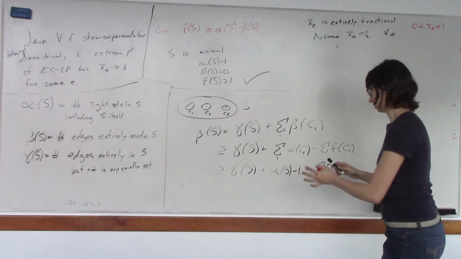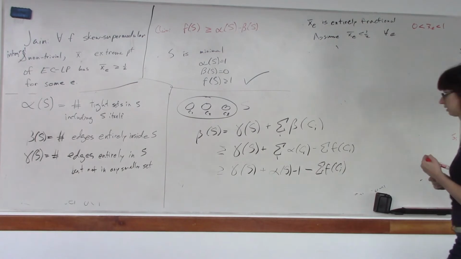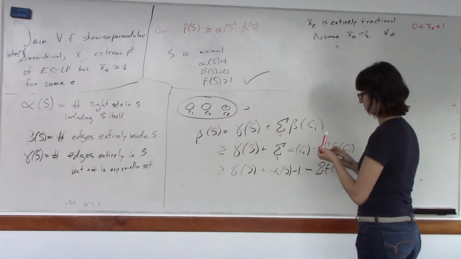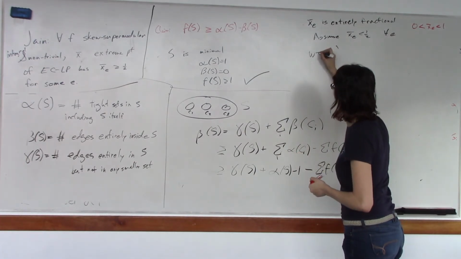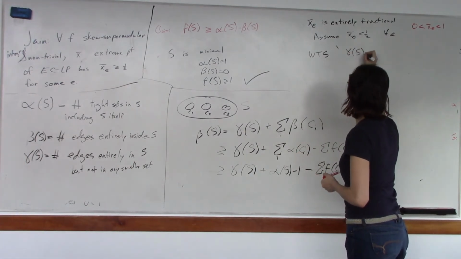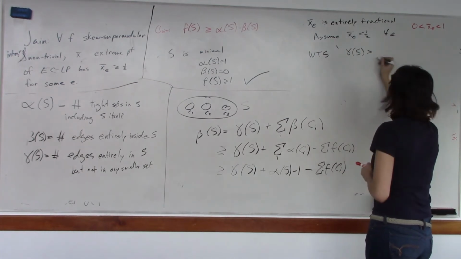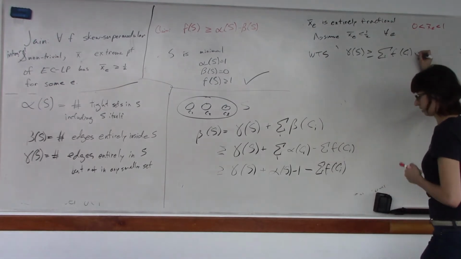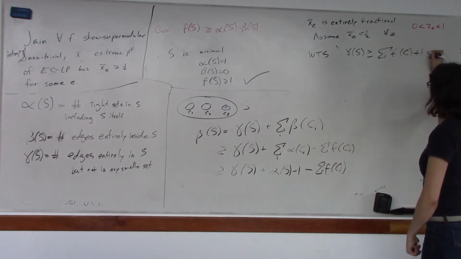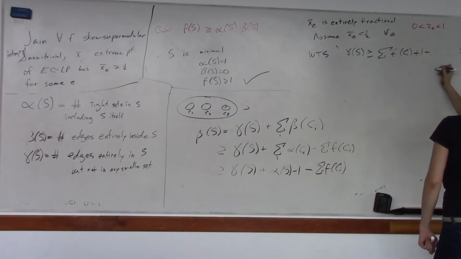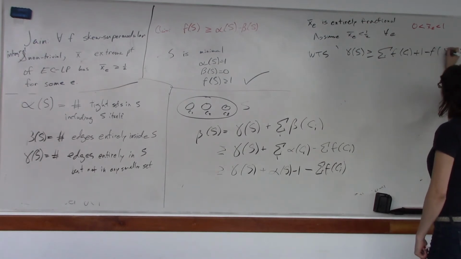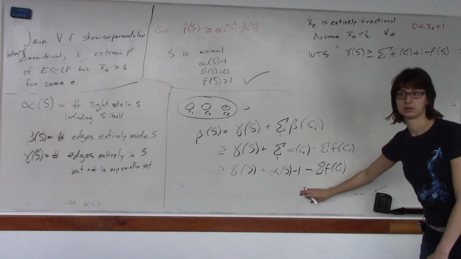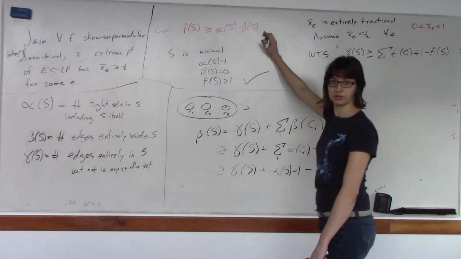All right, so this is a little complicated and not quite what we want. We want to show that gamma of S is at least the sum of f of Ci plus 1 minus f of S. And if we can do this, then when we substitute it in here, we'll get our claim.